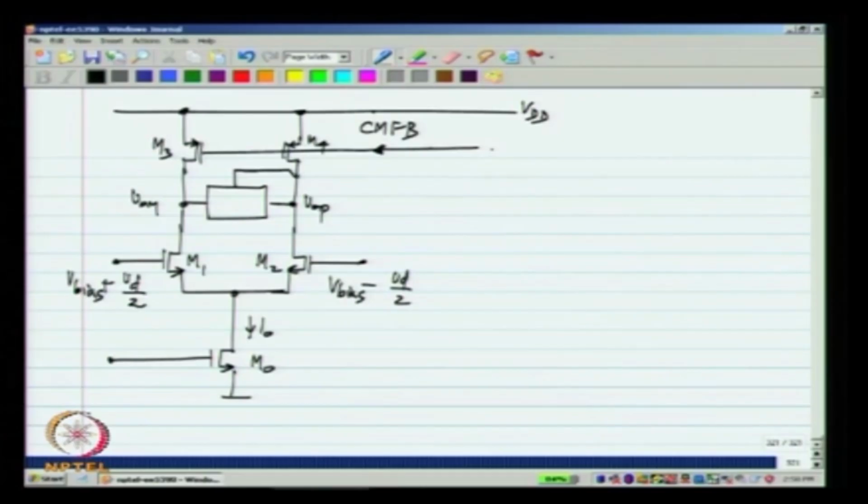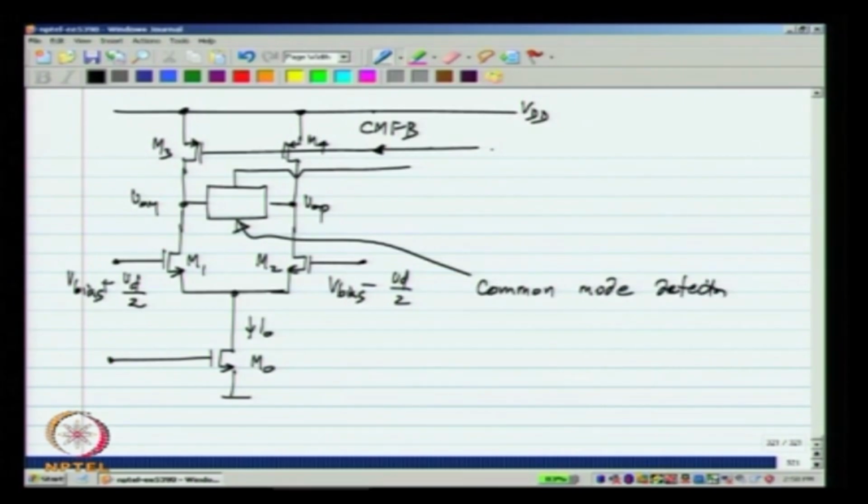I need to detect the output common mode voltage. Let me call this the common mode detector. Its output voltage will be nothing but VOP plus VOM divided by 2.